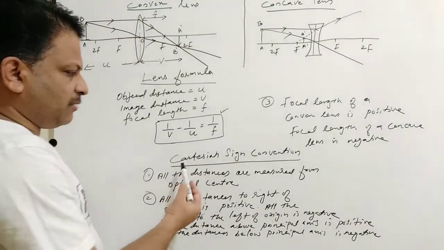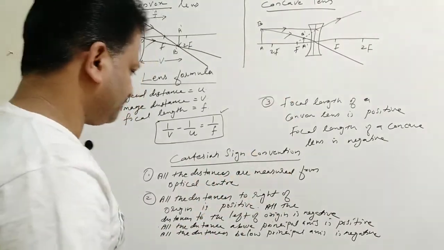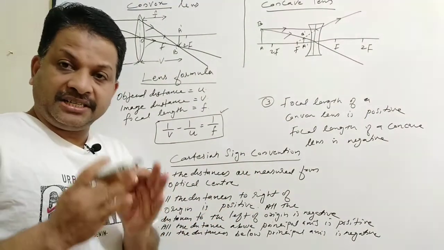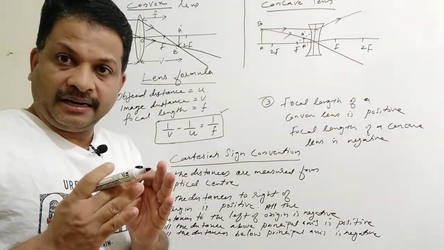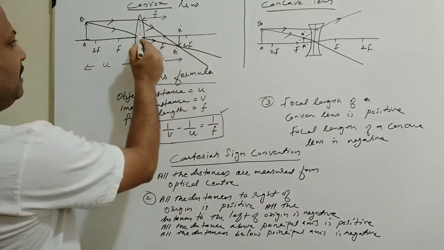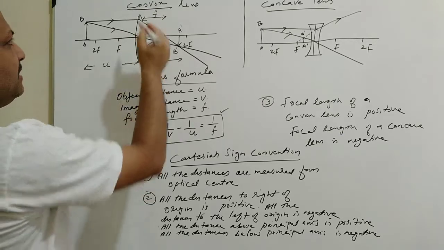Now let us try to understand what Cartesian sign convention is. Very simple. In order to understand it, all of you must have studied Cartesian coordinate geometry in class 9 and 10. Basically, it is the same.